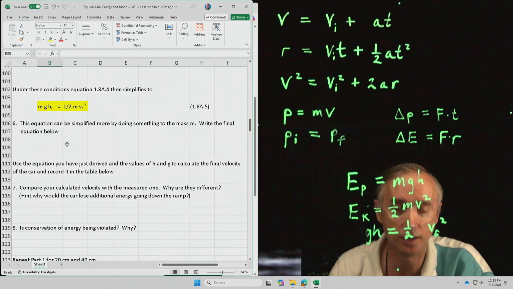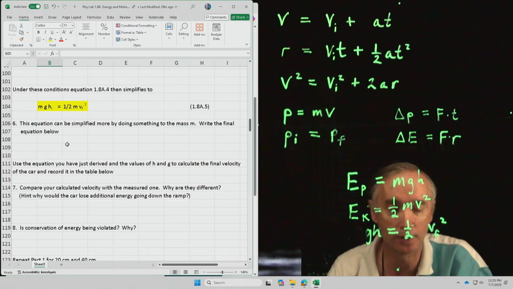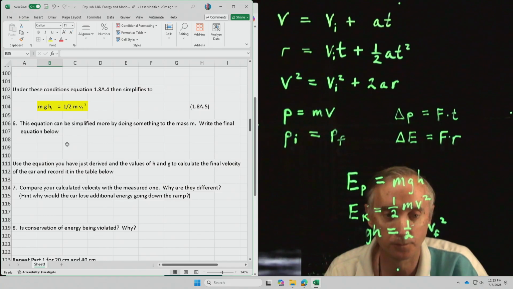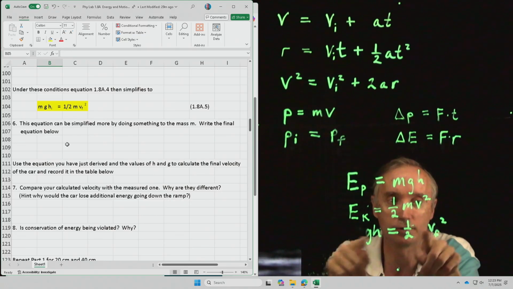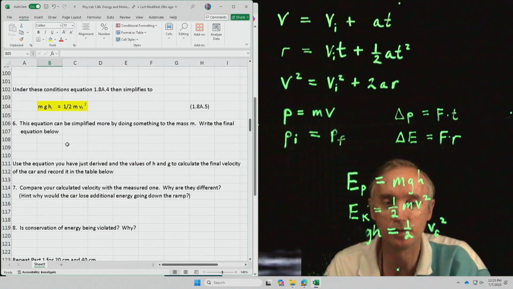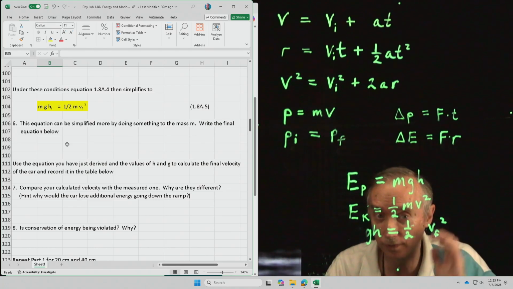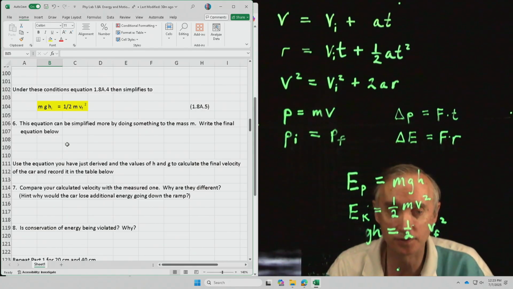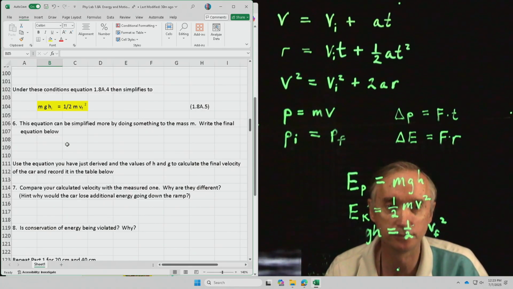Which one do you think would get to the bottom of the ramp first? It might surprise you. Okay, look at this thing here. You notice it doesn't depend on the mass of the car. Okay, it's not in the equation. So that means we don't need to worry about it.